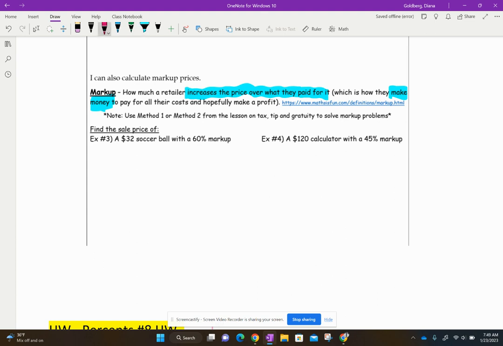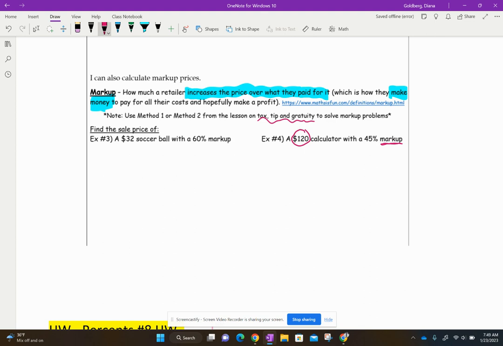If Staples sold a calculator for $120 after paying $120 for it, they would make no money. So if it costs Staples $120, they are going to increase the price for you so they can make a profit. All you have to do is increase the price by 45% to see what Staples would charge to make some money off of that.